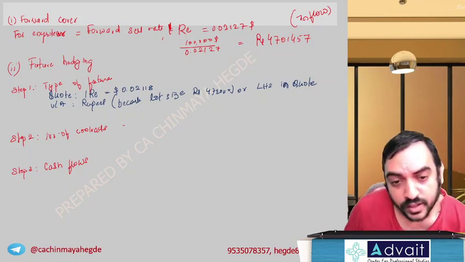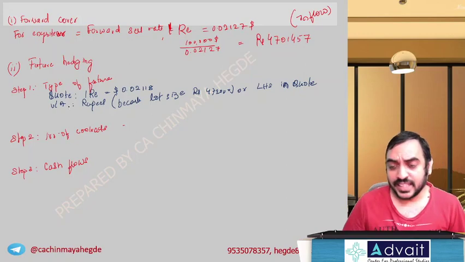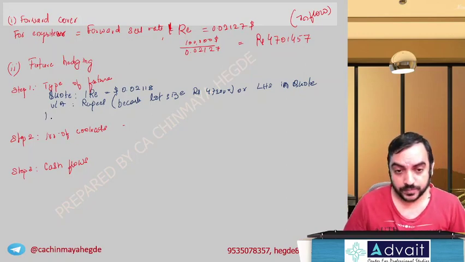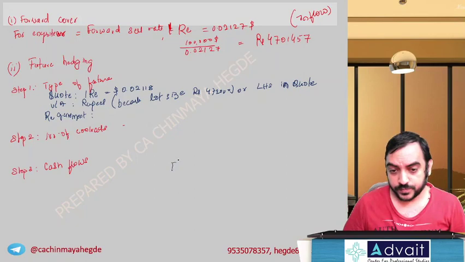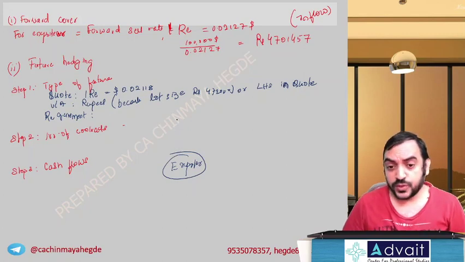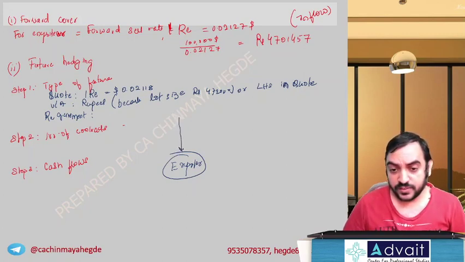Okay. Then underlying asset is done. What is the requirement? You are talking about an Indian exporter. The Indian exporter will be selling goods, and he will receive USD from his customer.